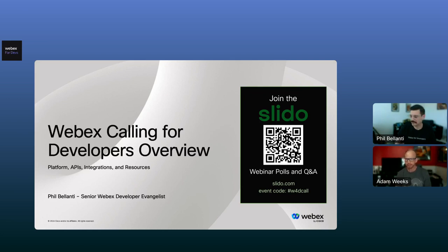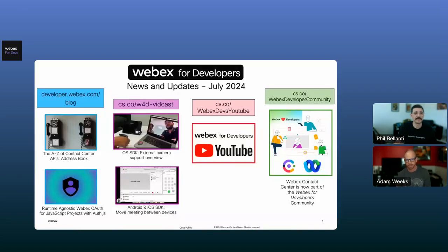But first, before we check out the results, we've got a quick little section of news to cover. For our updates for this month of July, we've had a couple of new blog posts out that we'd like to highlight. The first one is the A to Z contact center APIs for address book. This is a very new series for our Webex contact center APIs.